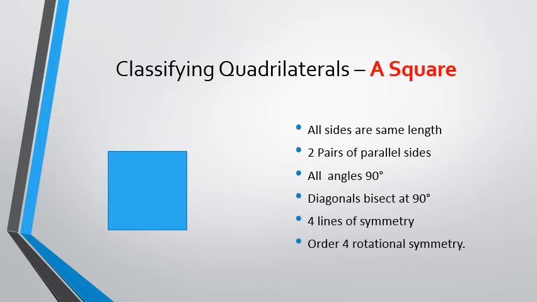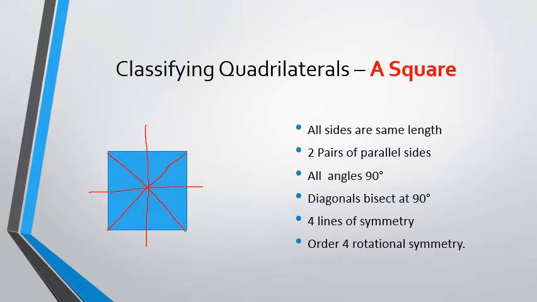Here diagonals are not shown. Let me show this to you. It's not quite a straight line, but still I'm trying to make it. Yeah, the diagonals bisect at 90 degrees and there are 4 lines of symmetry. The diagonals can also be considered as lines of symmetry, 2 diagonals, and then we can divide it vertical and horizontal. So there are 4 lines of symmetry.